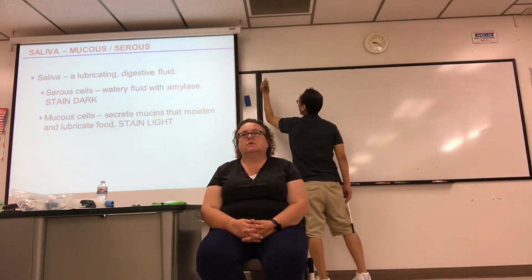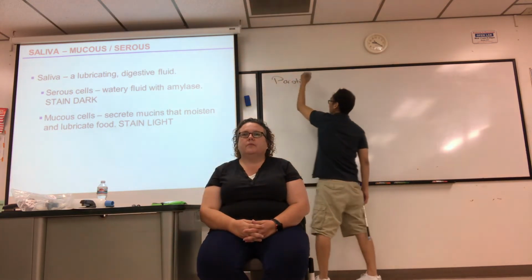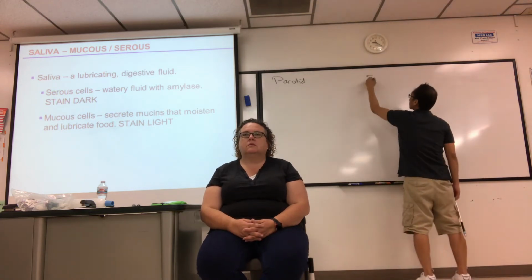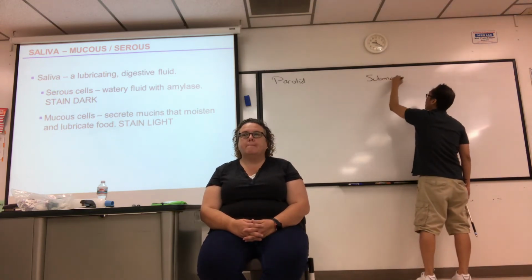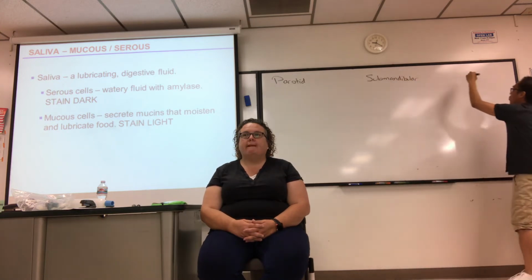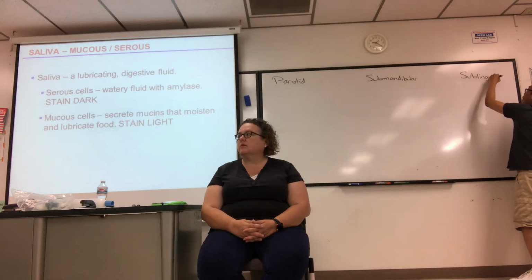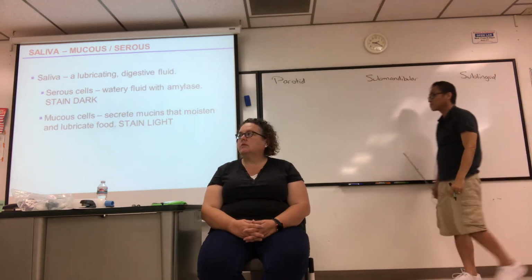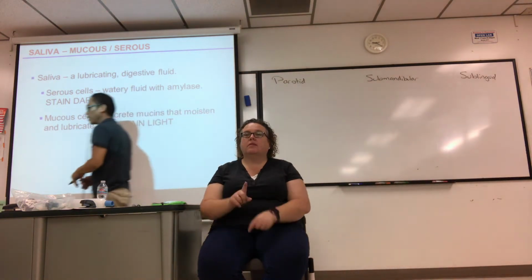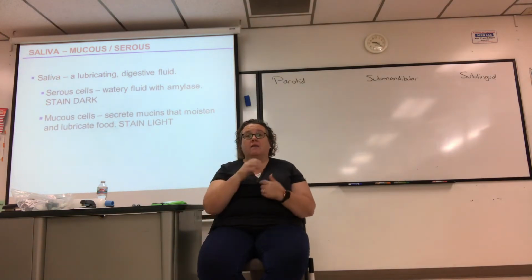So you've got the parotid salivary gland, the submandibular salivary gland, and the sublingual. And the duct length of the glands differs, and that determines if it carries mucus or serous saliva.